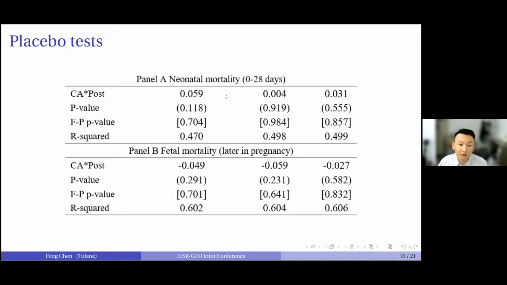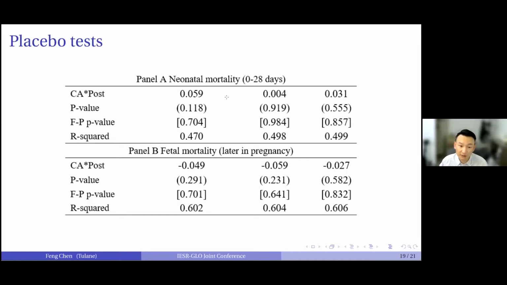As I mentioned before, I will use neonatal mortality and fetal mortality as placebo tests. This is to deal with the concern that the main results were not caused by the paid family leave policy in California, but by simultaneous shocks. For example, if there were less air pollution or more clean water exclusively for California during this period, we would also find results similar to my main results.